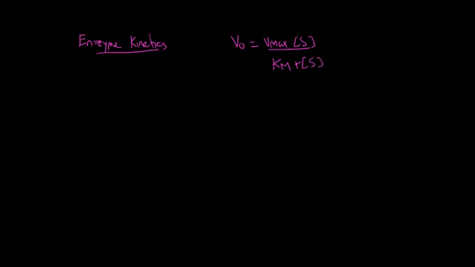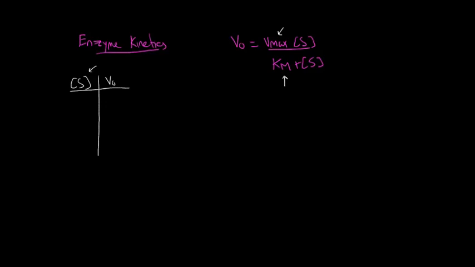So what we're going to think about now is taking actual experimental data and determining Vmax and Km. So let's consider an experiment where you've determined the rate of a reaction with a variety of different substrate concentrations. We're going to have this table of concentration of substrates versus experimentally determined V naughts.